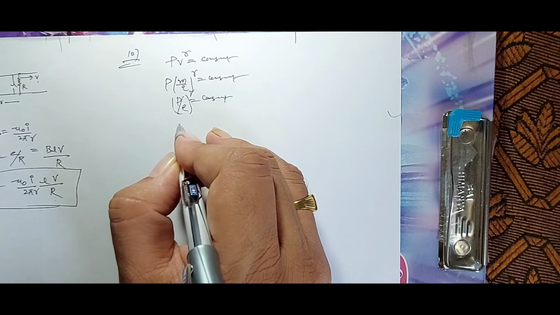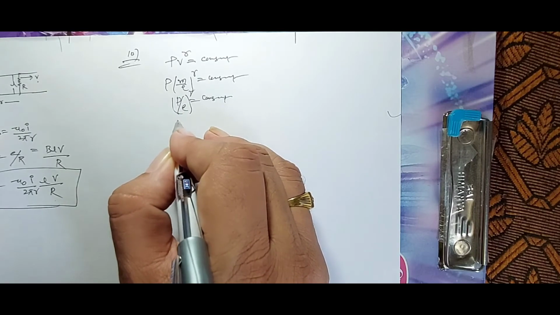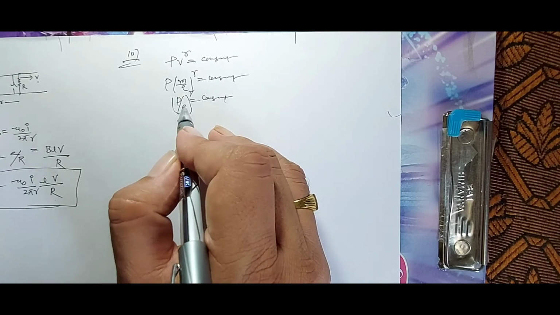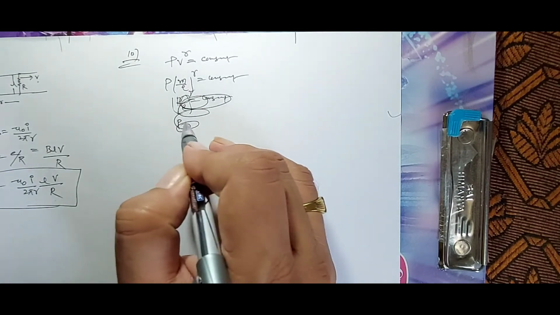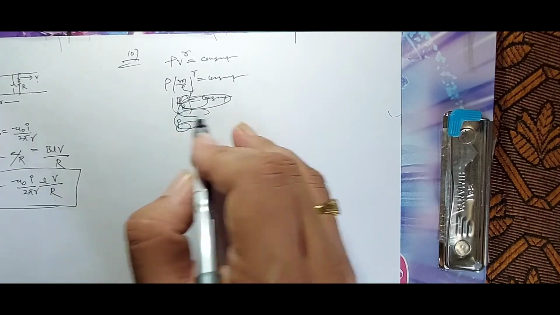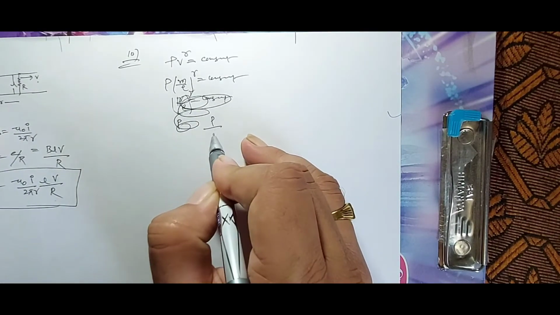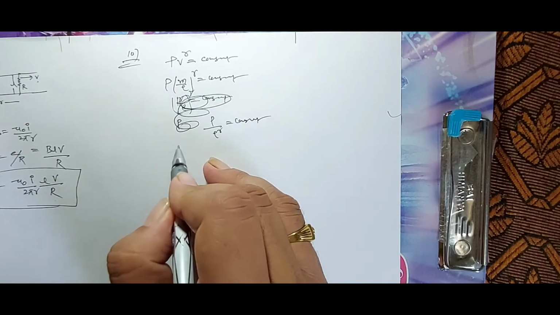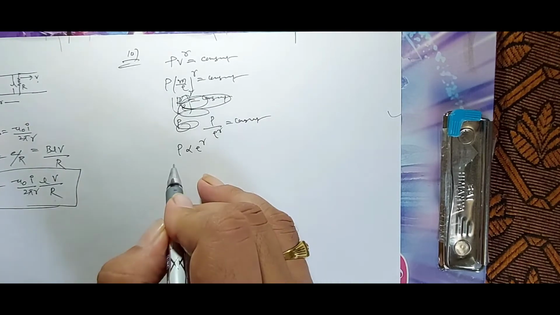I made a mistake. P by rho to the power of gamma is equal to constant. So P is proportional to rho to the power of gamma.